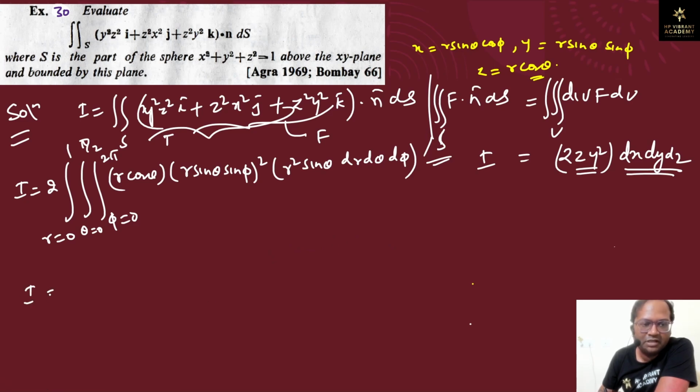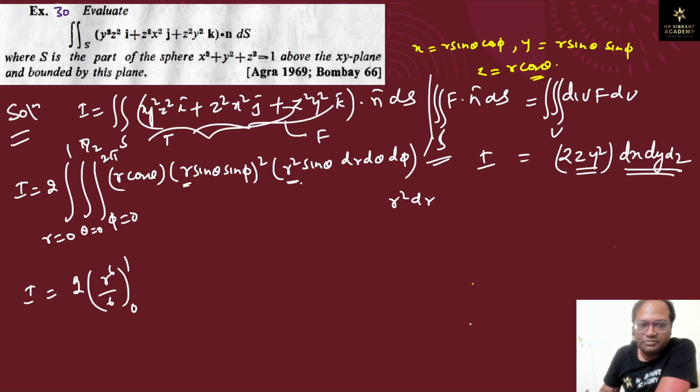Okay, so we have I as r from 0 to 1. Here r square is there, here r square is there, and one r is there. So this is r to the power 4 and this is r to the power 5. So the integral of r to the power 5 dr will be r to the power 6 upon 6. So 2 times r to the power 6 upon 6, limit is 0 to 1.